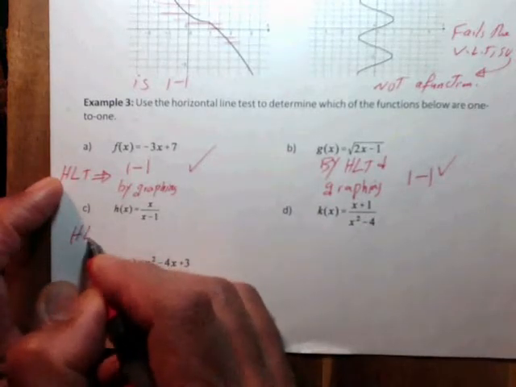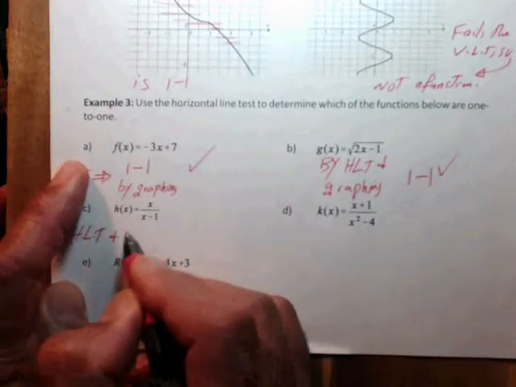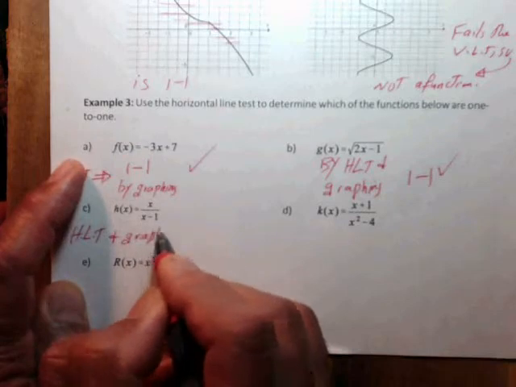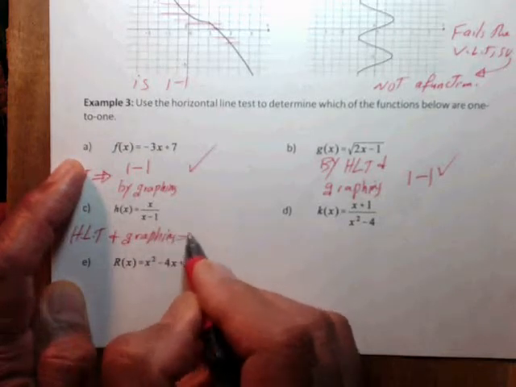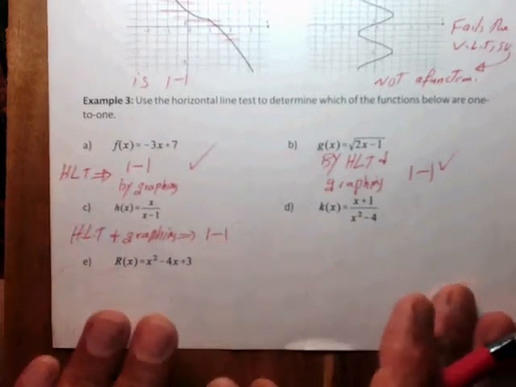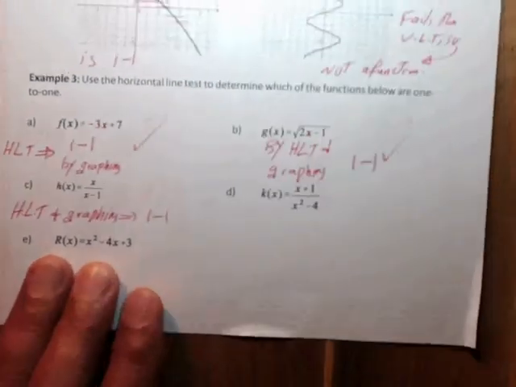Okay. Horizontal line test and graphing gives you one-to-one.